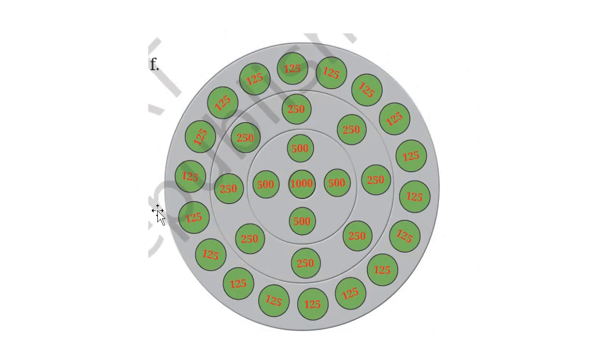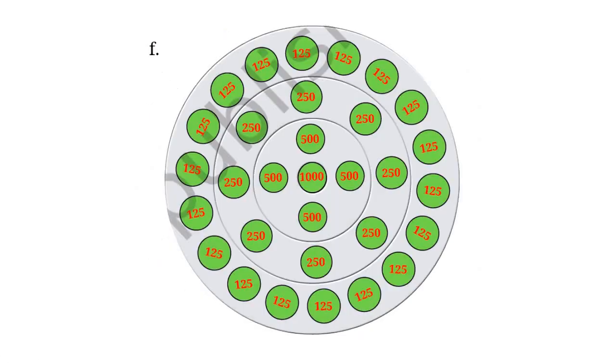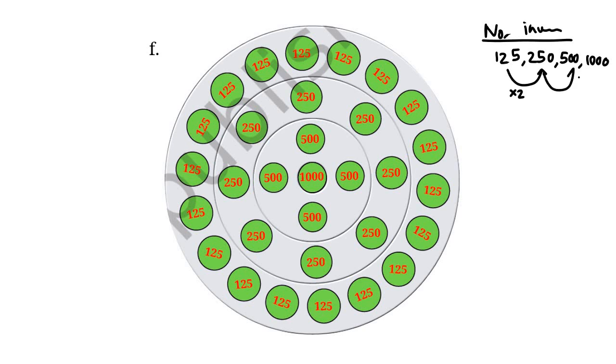Okay, now we will analyze this figure. The first thing to note is what the numbers involved are. The numbers involved are 125, 250, 500 and then 1000. Now interestingly, 125 into 2 is 250, again 250 into 2 is 500, again 500 into 2 is 1000.